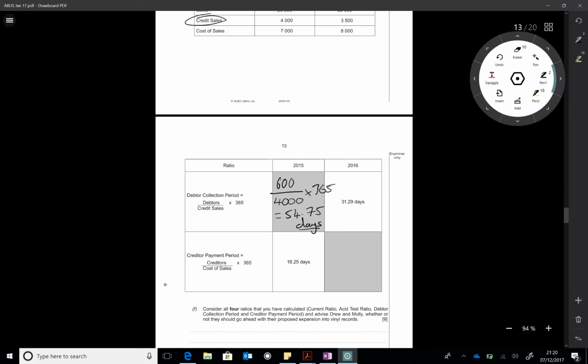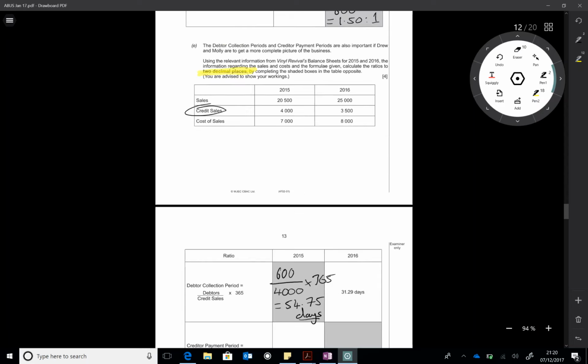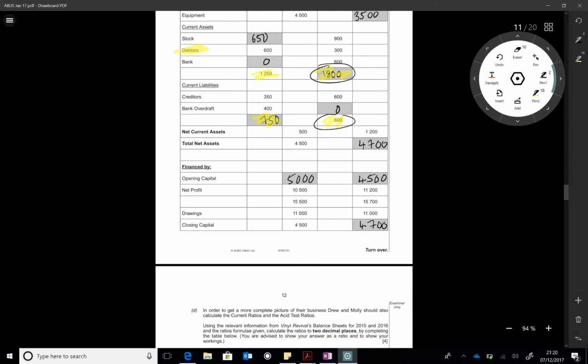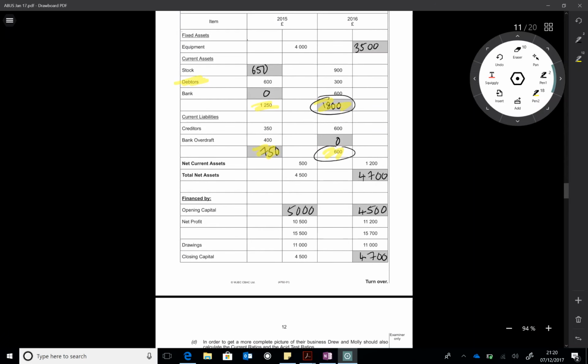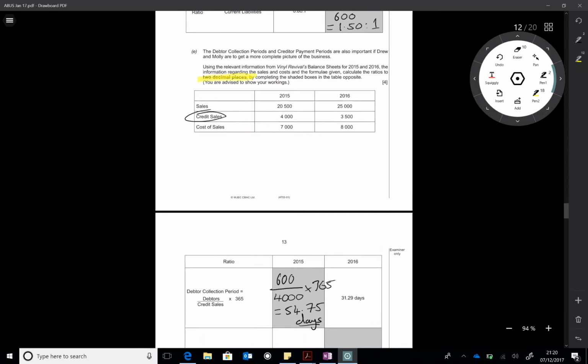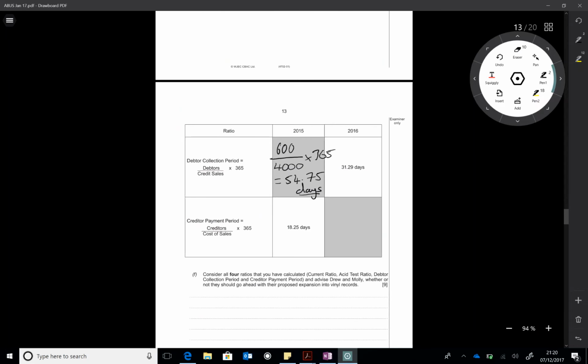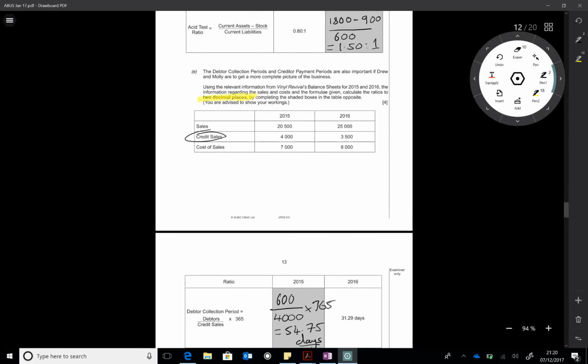It's very similar for this creditor payment period. So the creditor and the cost of sales this time. So again, we scroll up. We find our creditors under our current liabilities, and we fill in and we draw out the equation as provided. So that's 600. We find our cost of sales.